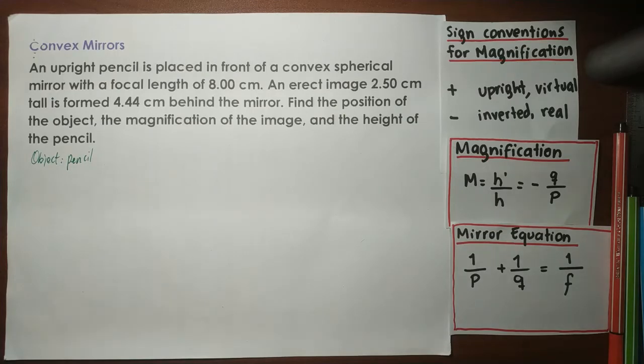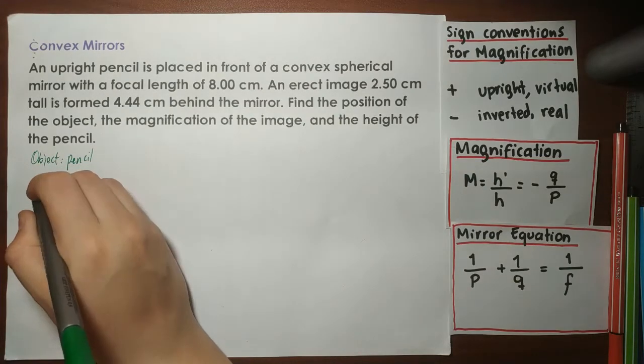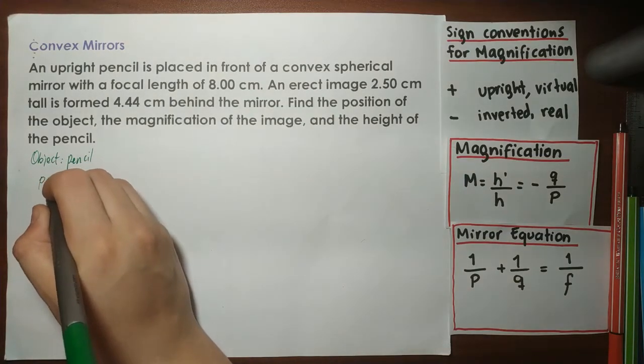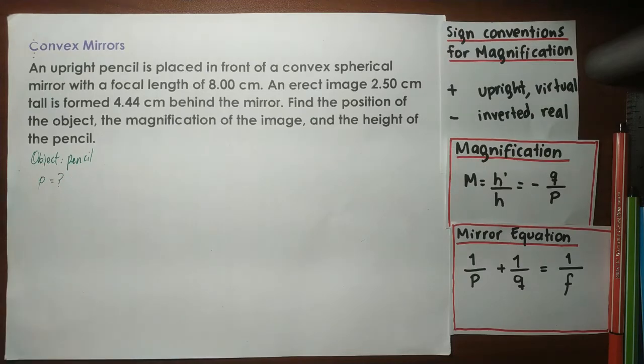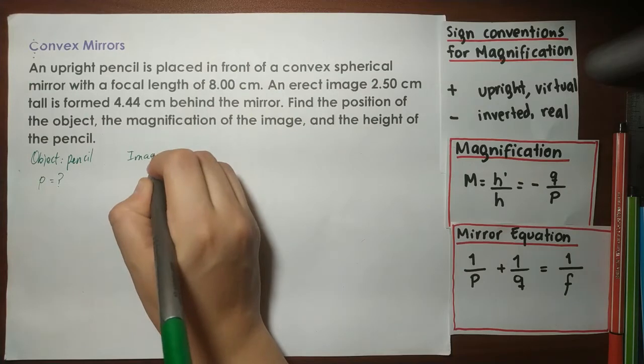So first of all, we're talking about an object that is a pencil. Now, what do we know about this object? First of all, we need to find its position. I don't know it. Now, do I know about the image?